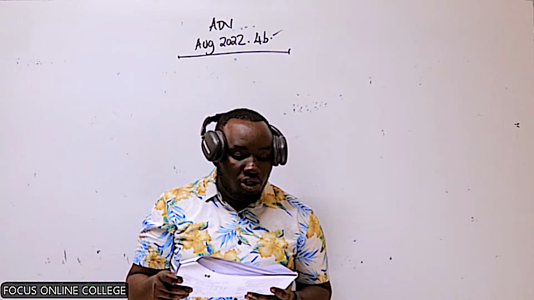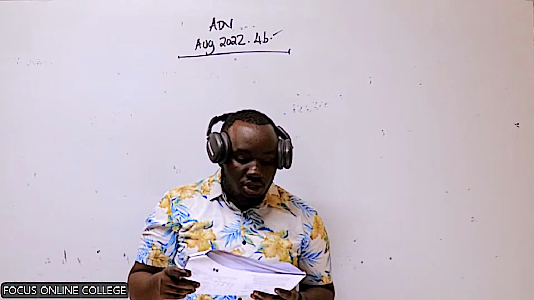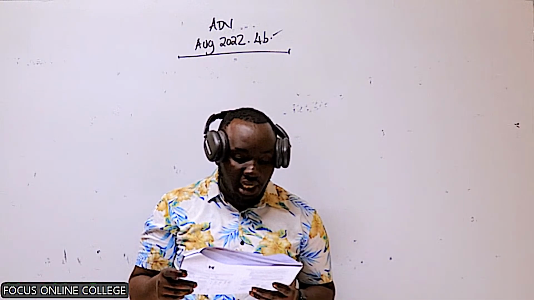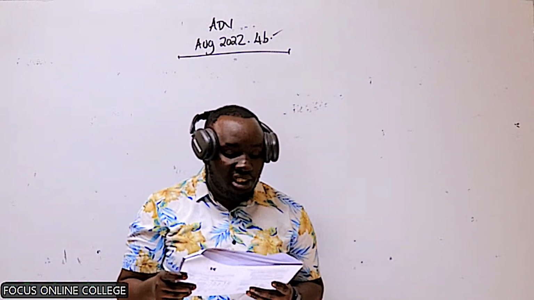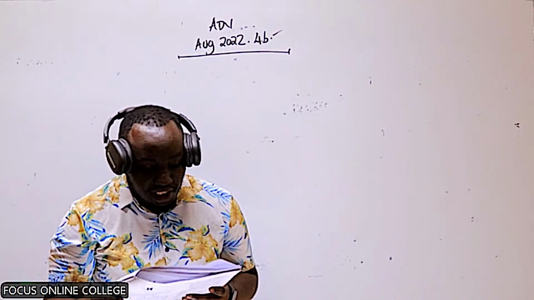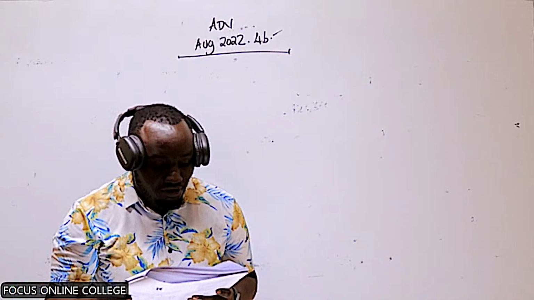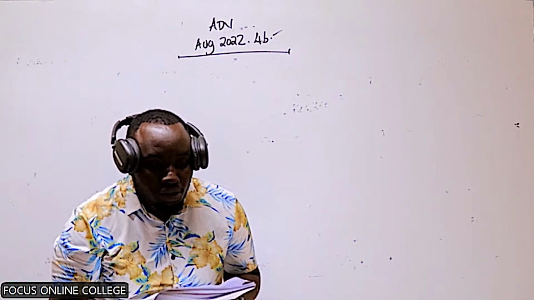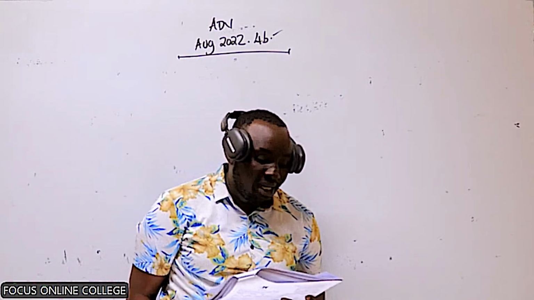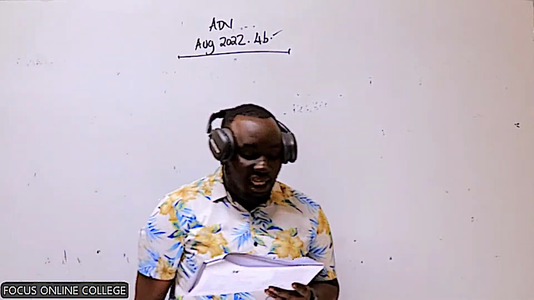So number one is audit for XL supermarket. The value of service is 700,000, and the service provision date is 25th October 2021. Then the payment date is 5th November 2021. Are we able to see that?